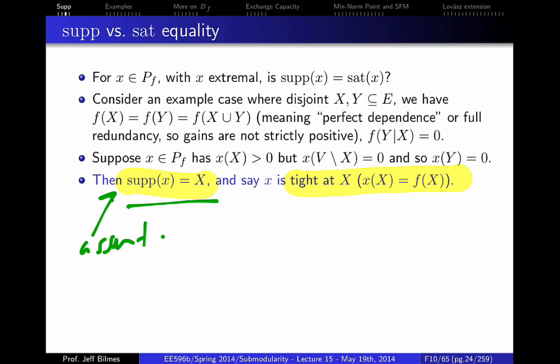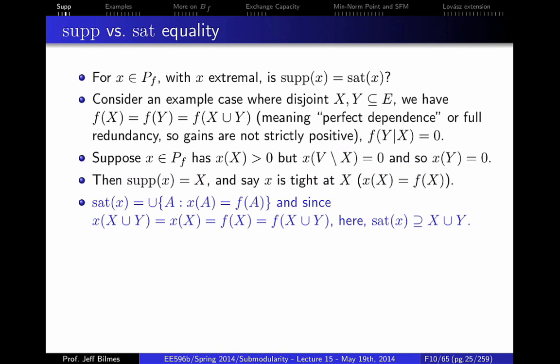So what we want to do is come up with an example where sup is strictly less than sat. Sup is a strict subset of sat. That means sat is the union of all x-tight sets. Now we've got x of x union y, which is equal to x of x because y is 0. That's equal to f of x since x is tight at x. But then since we've got perfect dependence, that's equal to f of x union y.